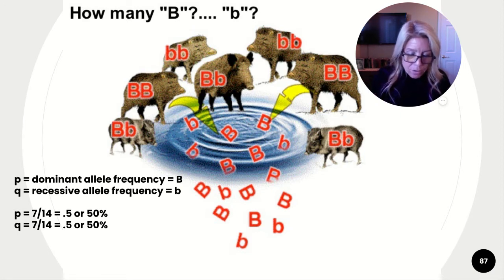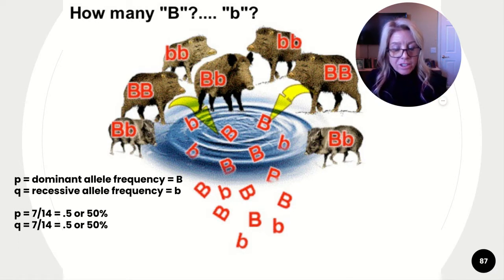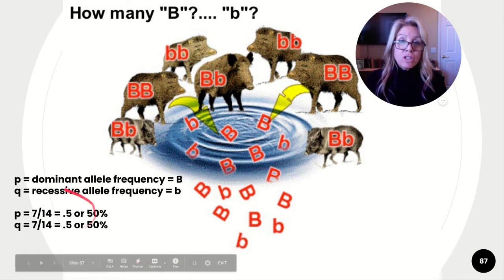So if you look underneath population genetics on your notes, it's defined as the study of the changes in the genetic makeup of a population in their gene pool. What is a gene pool? So this is your little analogy here of a gene pool.